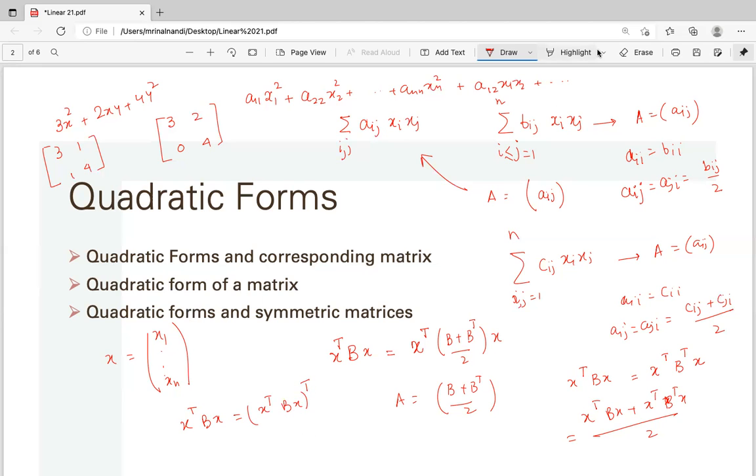So for a given matrix we can change to a corresponding symmetric matrix such that that symmetric matrix and that given matrix have the same quadratic form. And for a given quadratic form, there is a unique symmetric matrix which corresponds to it.